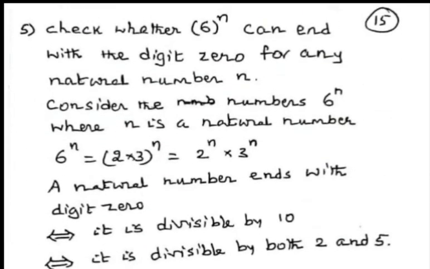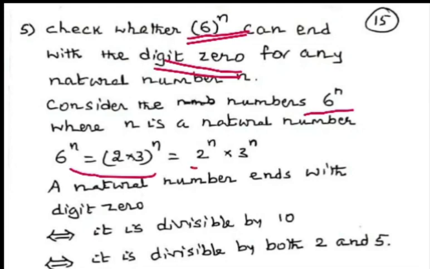Check whether 6 power n can end with the digit 0 for any natural number n. 6 can be written as 2 multiplied by 3, so 6 power n can be written as 2 power n multiplied by 3 power n.